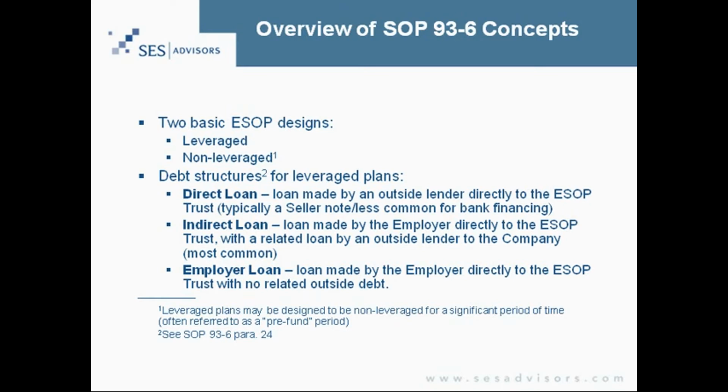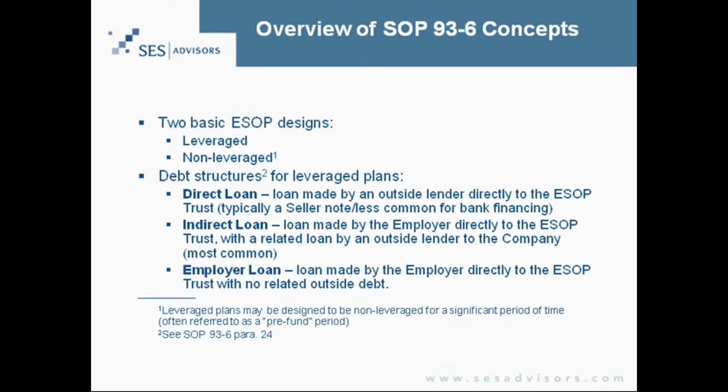And then third, and the least common structure is an employer loan. This is where the loan is made by the sponsoring company directly to the ESOP, where there's no outside debt. This is least common for the most obvious reason. There aren't many companies sitting with lots of excess cash on their balance sheet, which is almost what's necessary to do this type of loan.